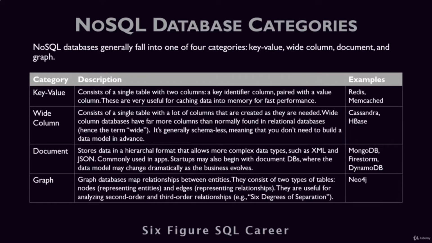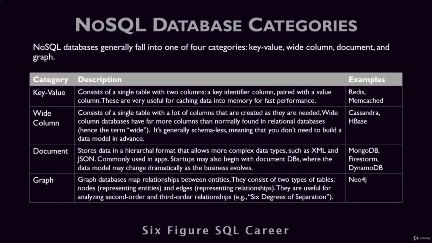The last type of database is a little bit different than the others. It's a graph database, and graph databases map the relationships between entities. In some ways it is a relational database, but a different type of relation, because rather than defining the tables and having a relationship, it actually stores the relationship. You have two types of tables in a graph database.